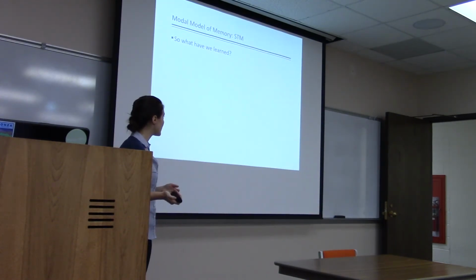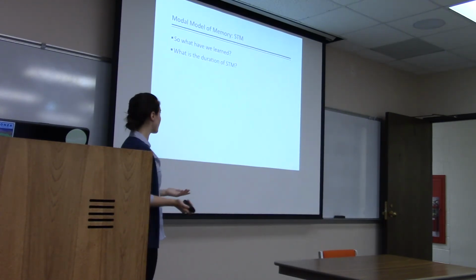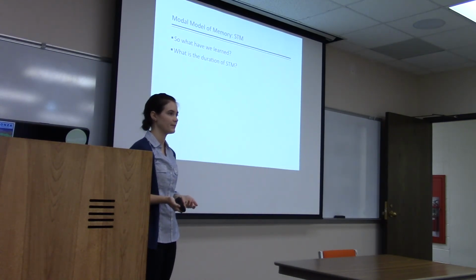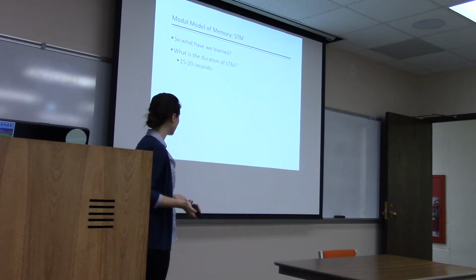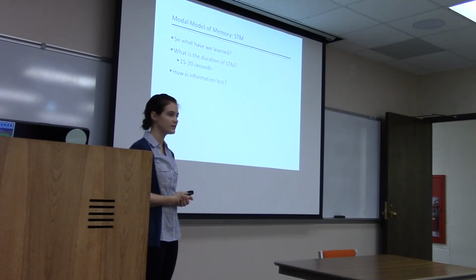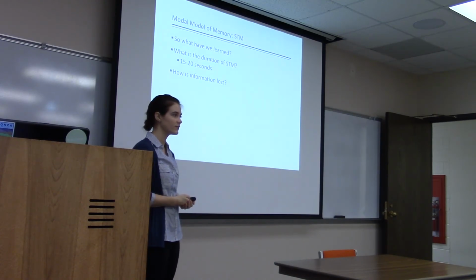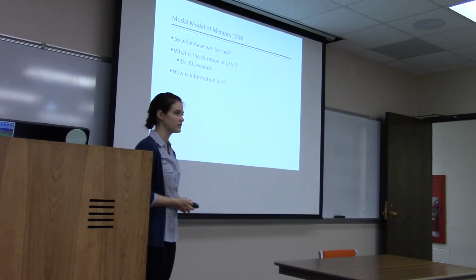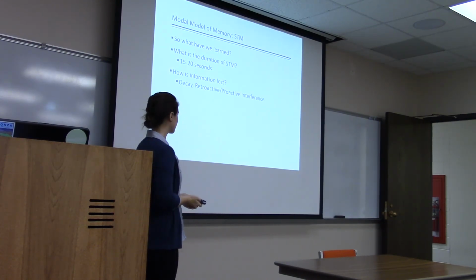So I'm going to end with just a quick review. What's the duration of short-term memory? Yep, 15 to 20 seconds. How is information lost? Interference. And what are the two types of interference? Good.